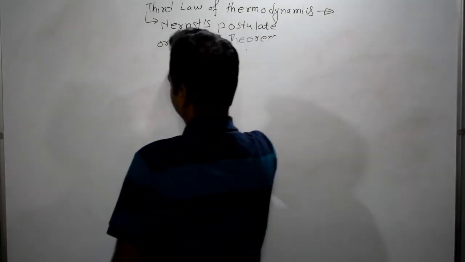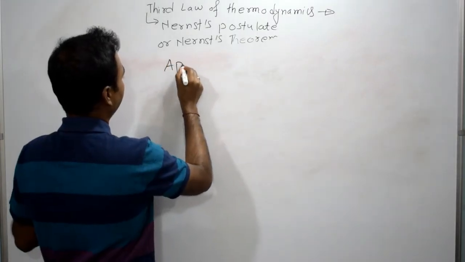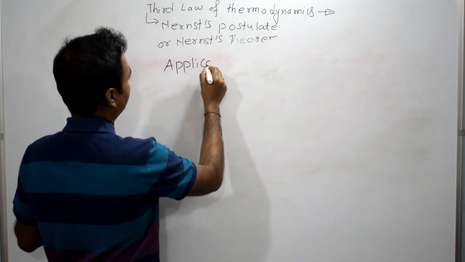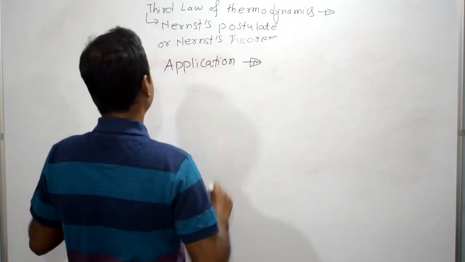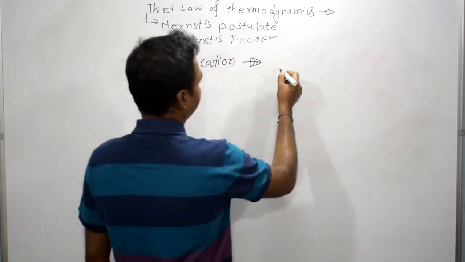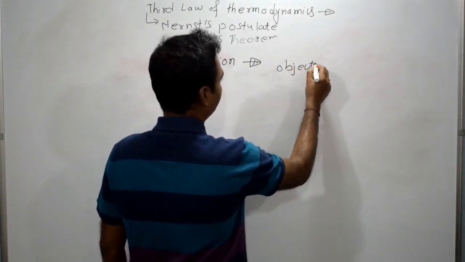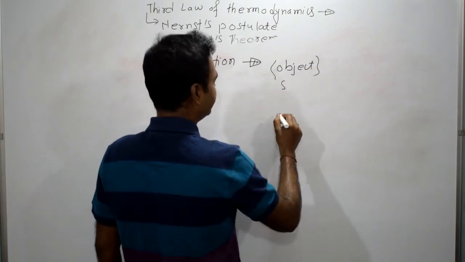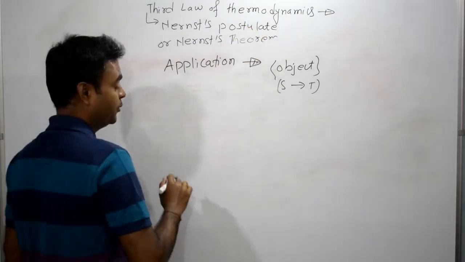So let's talk about the application of the third law of thermodynamics. Say we have any object and we want to find out its entropy at temperature T. Therefore we'll use the third law of thermodynamics.